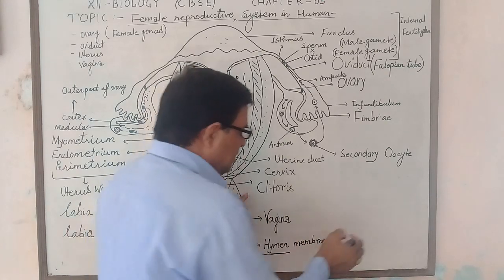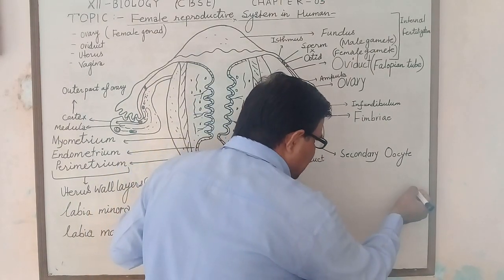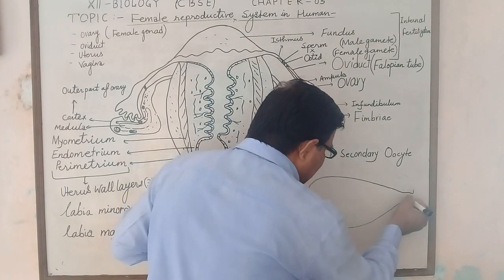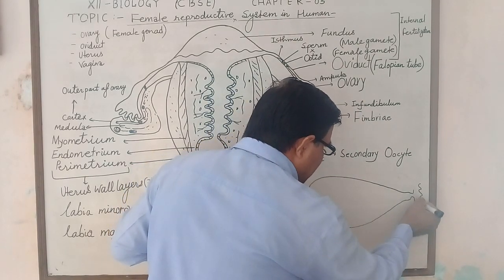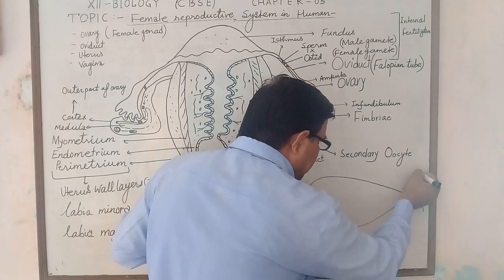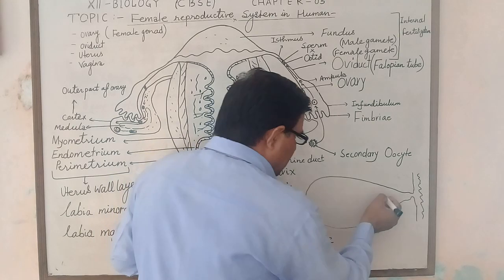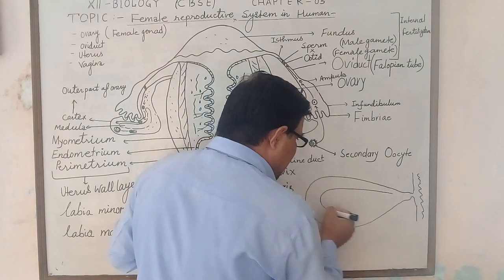As for the section of the ovary, here I want to explain very briefly. So this is the uterus wall. The ovary has two parts.